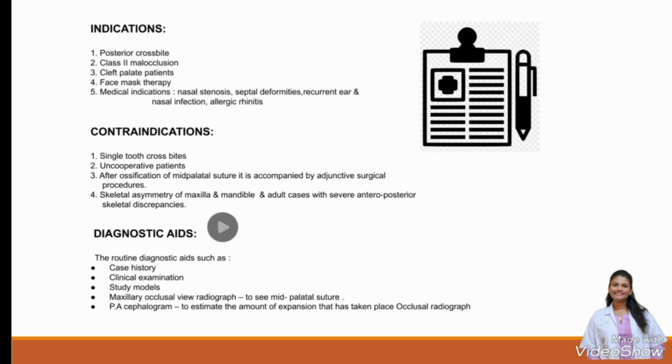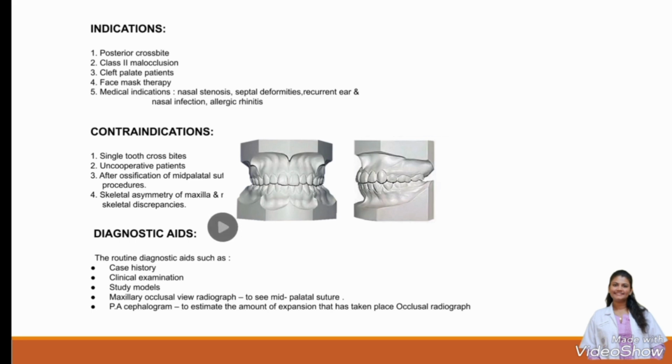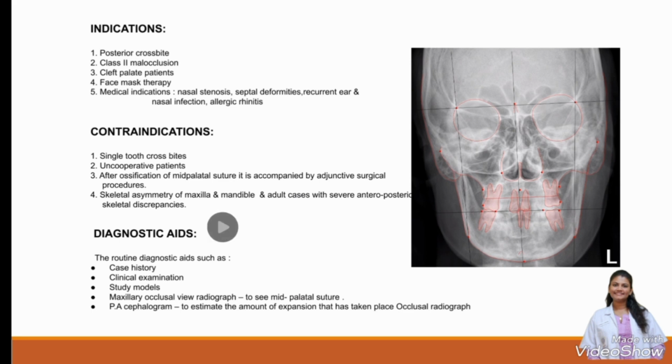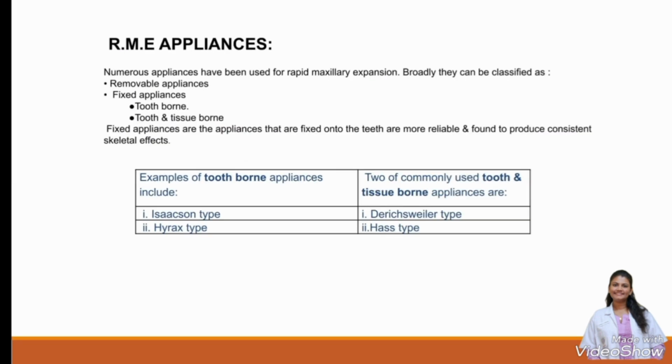Diagnostic aids. The routine diagnostic aids are case history, clinical examination, study models, maxillary occlusal view radiograph to see the mid-palatal suture, and PA cephalogram to estimate the amount of expansion that has taken place. RME appliances. Numerous appliances have been used for rapid maxillary expansion. Broadly, they can be classified as removable and fixed.